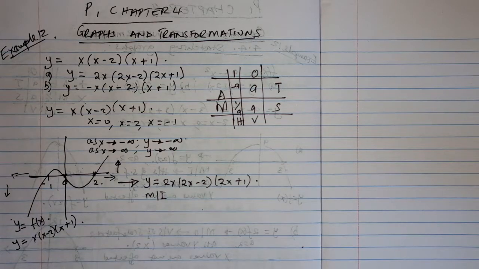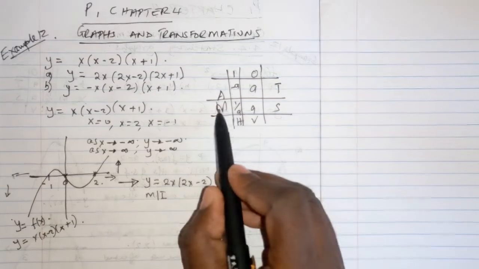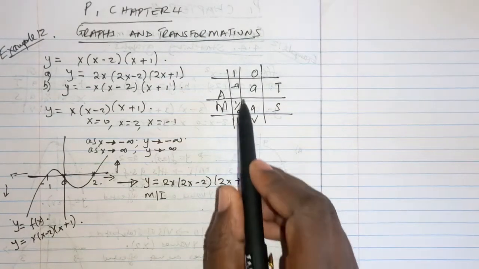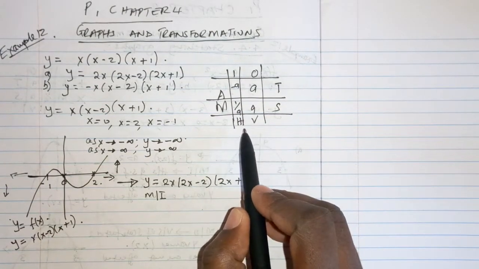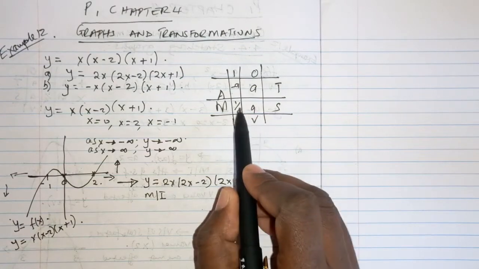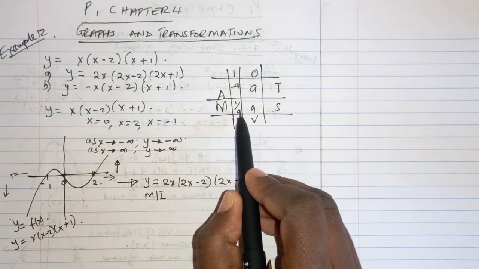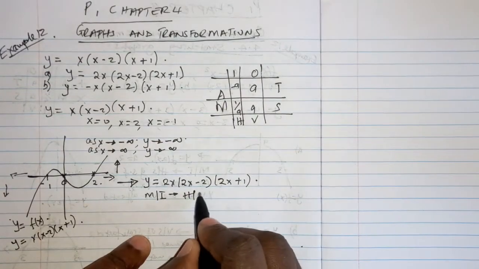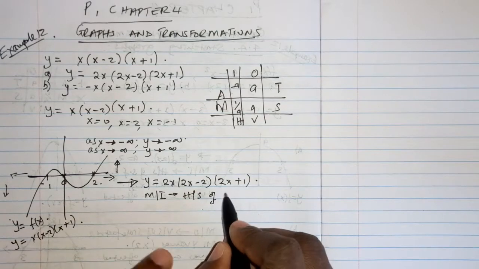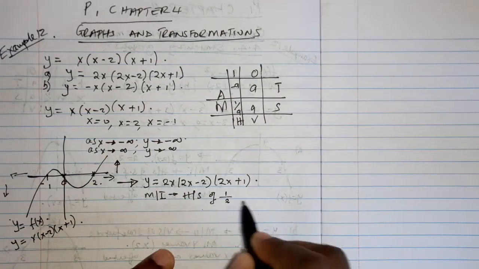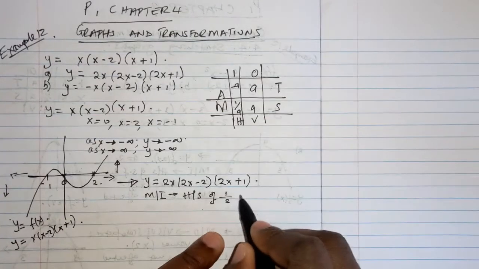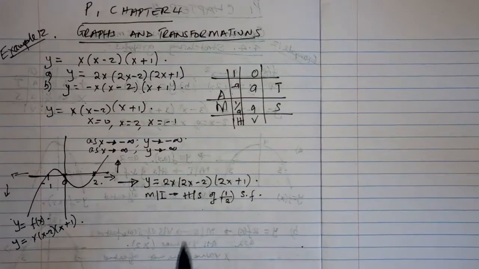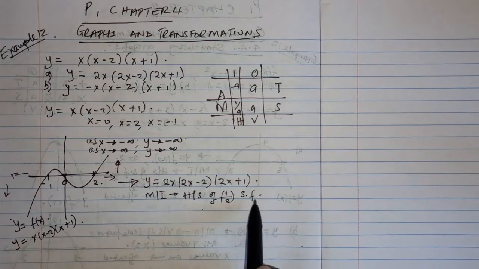What does that mean? Multiplication inside is a horizontal stretch of scale factor 1 over a, which is a half. Horizontal stretch of a half as a scale factor.